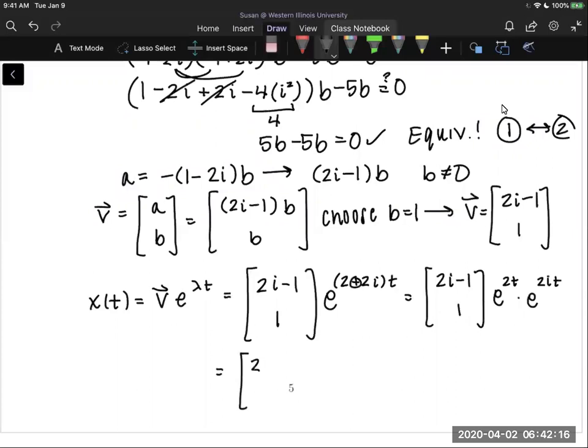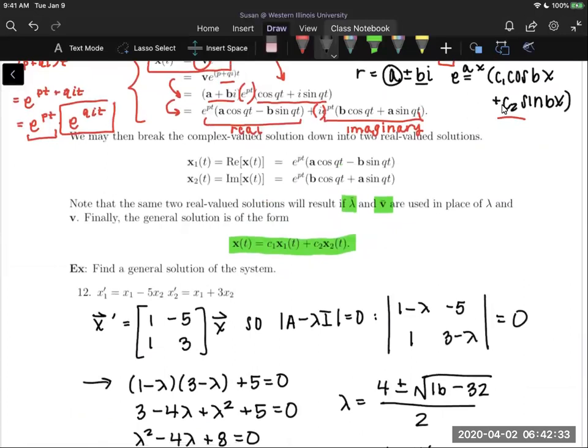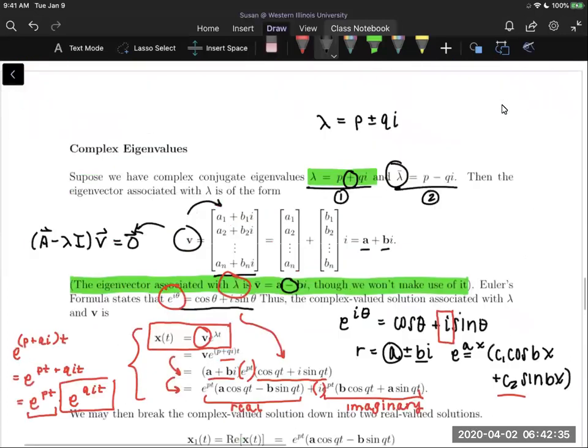I'm just going to trail this eigenvector along. And now I want to utilize Euler's formula. Let me scroll back up, and let me clear this out so that we can see it a little bit better. We are utilizing the fact that e to the i theta is cosine theta plus i sine theta.